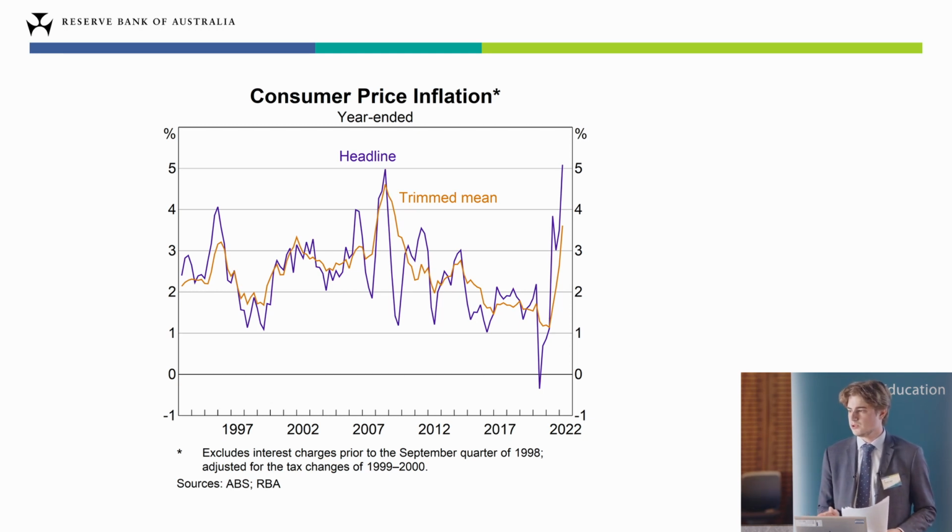Just those two components contribute to a little less than half of that total increase in headline inflation. But trim mean inflation has also picked up, and it's moved past our 2 to 3% target for inflation. And that's one of the indicators that we have right now that price increases have really broadened out across the CPI.